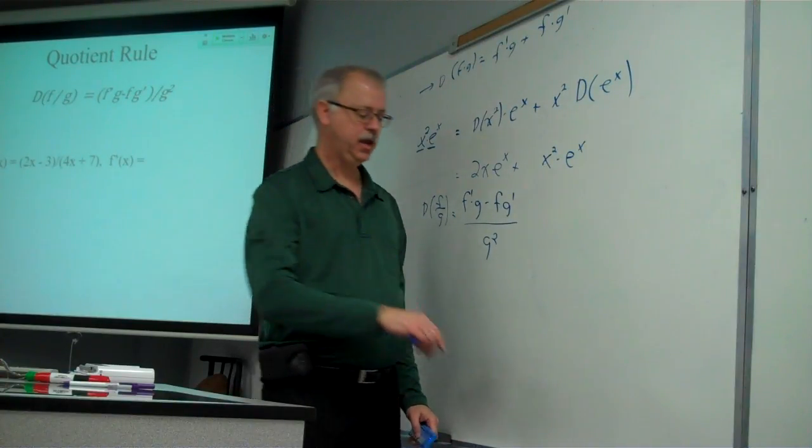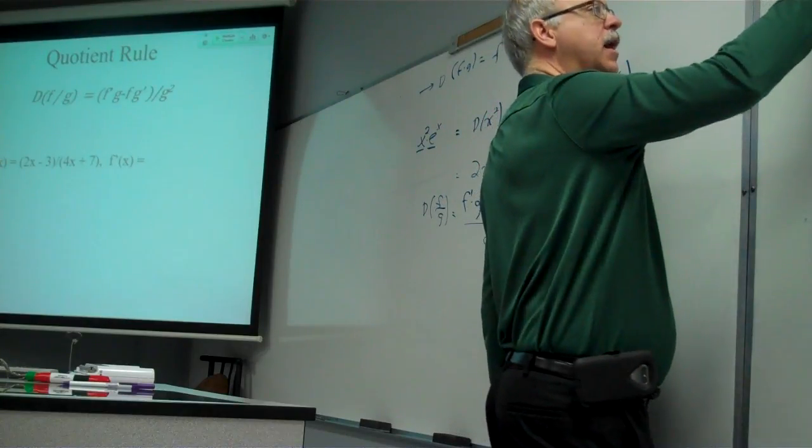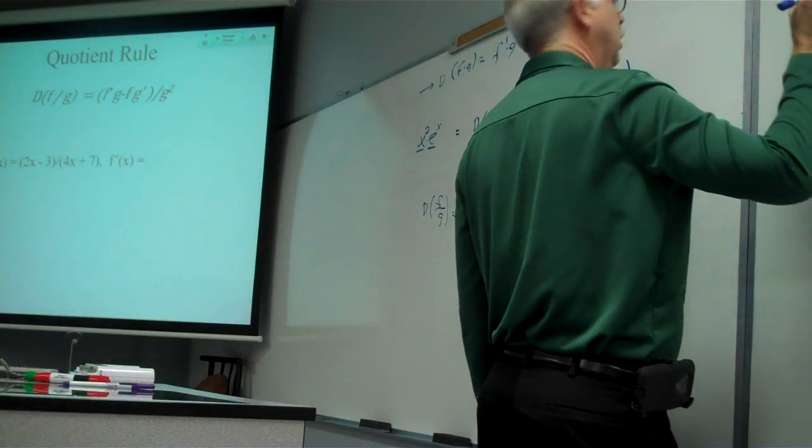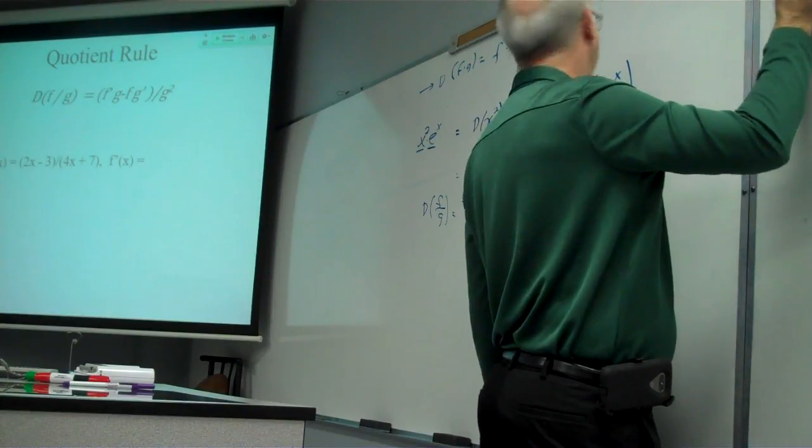So if we had, say, this example, 2x minus 3 over 4x plus 7. That's our function.